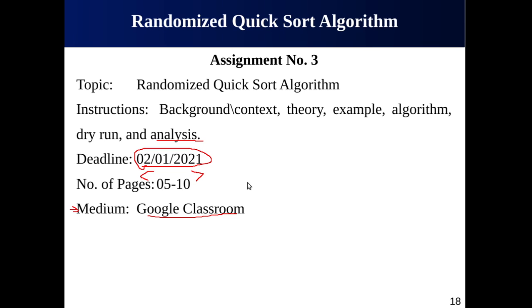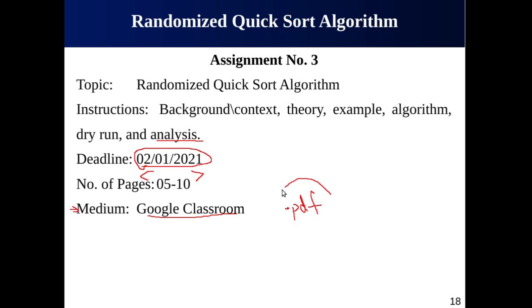You will be notified once the assignment is posted there, and then you have to submit it using Google Classroom. Remember, I prefer to receive the assignments only in PDF format. If you send me an assignment in MS Word docx format, I will not be able to properly see the formatting because I am using LibreOffice and formatting issues are there.